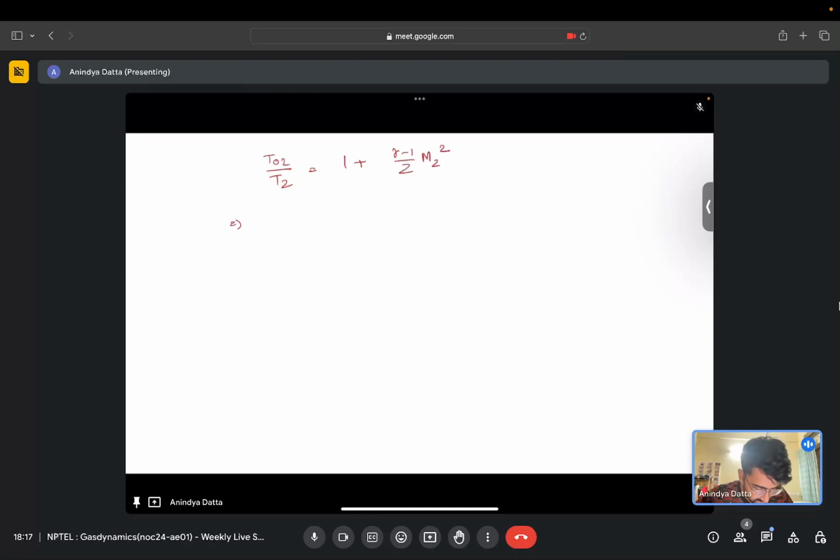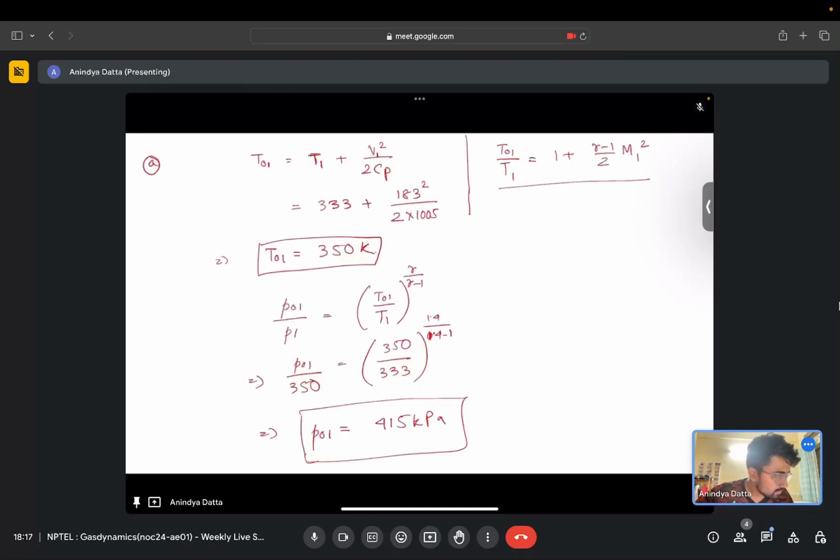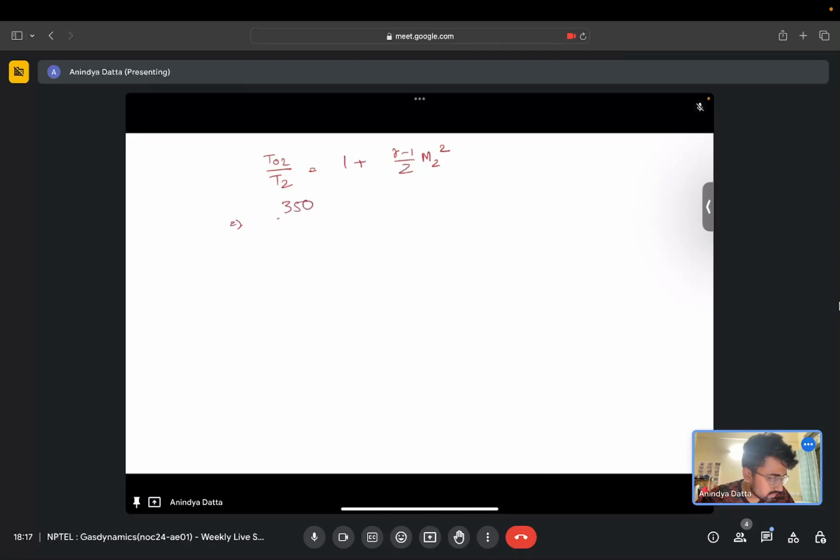What we know is T02, which is 350 Kelvin, T2 is unknown, 1 plus (1.4 minus 1)/2, and the Mach number is 1.3. So we can solve this, and you will get 262 Kelvin.